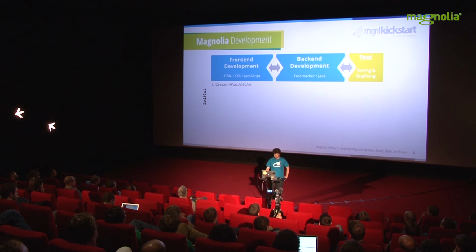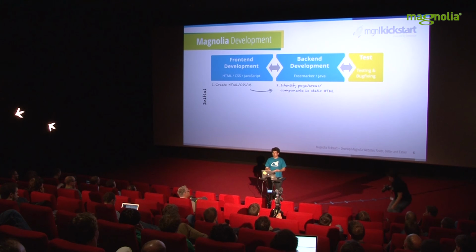The typical development process, the daily business, if you want, of Magnolia developers looks like: first, the front-end developers create the HTML, CSS, JavaScript code. They hand it over to the backend developers, which in turn identify the pages, components, and stuff in the static HTML.